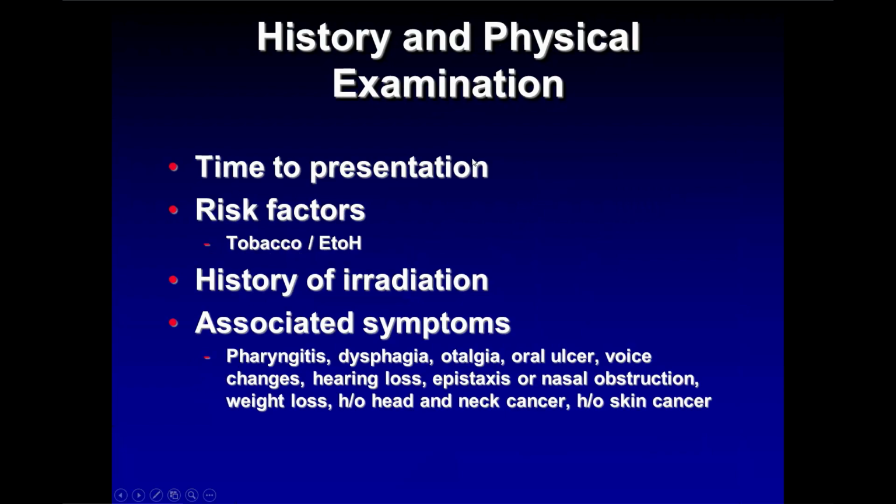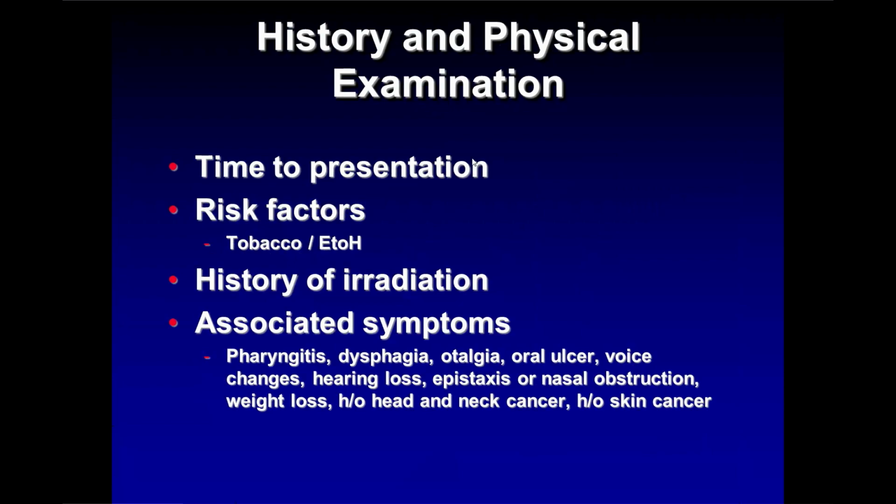So further along the history and physical examination is the time to presentation. And so it's key to really identify how long the mass has been there. Obviously, the longer it's been, the more concerning it is for a malignancy.